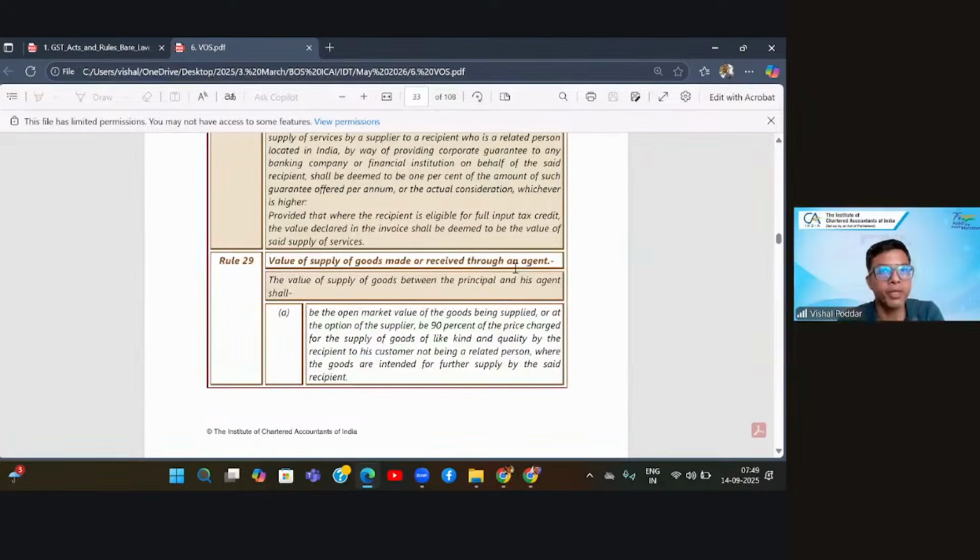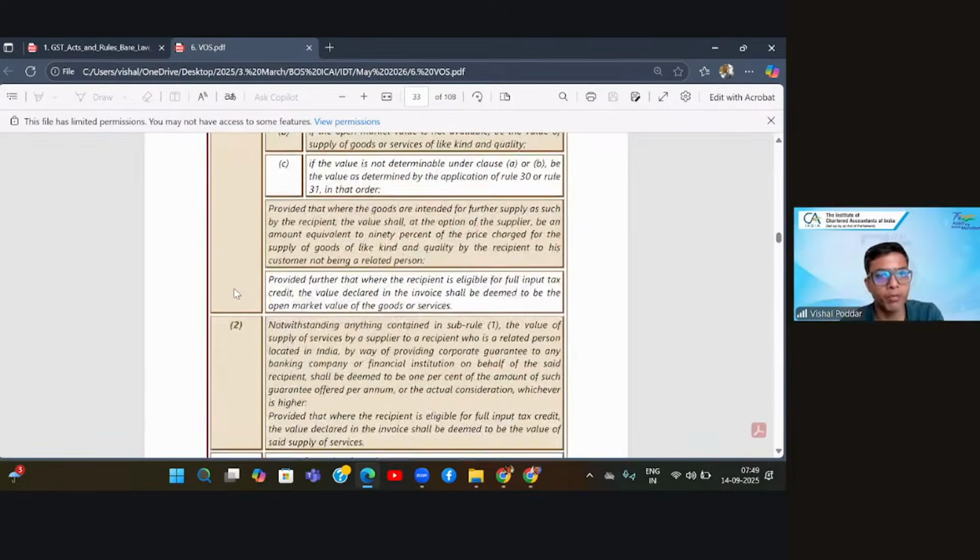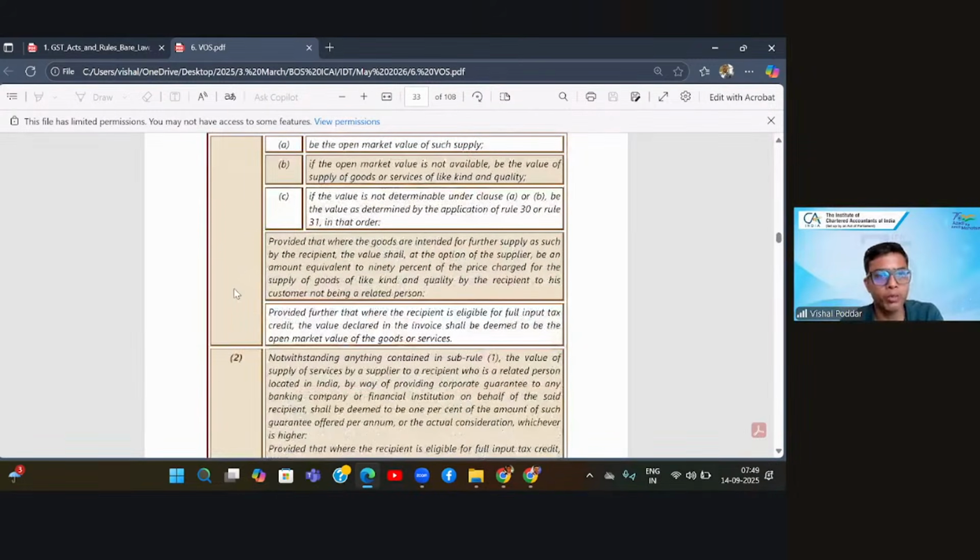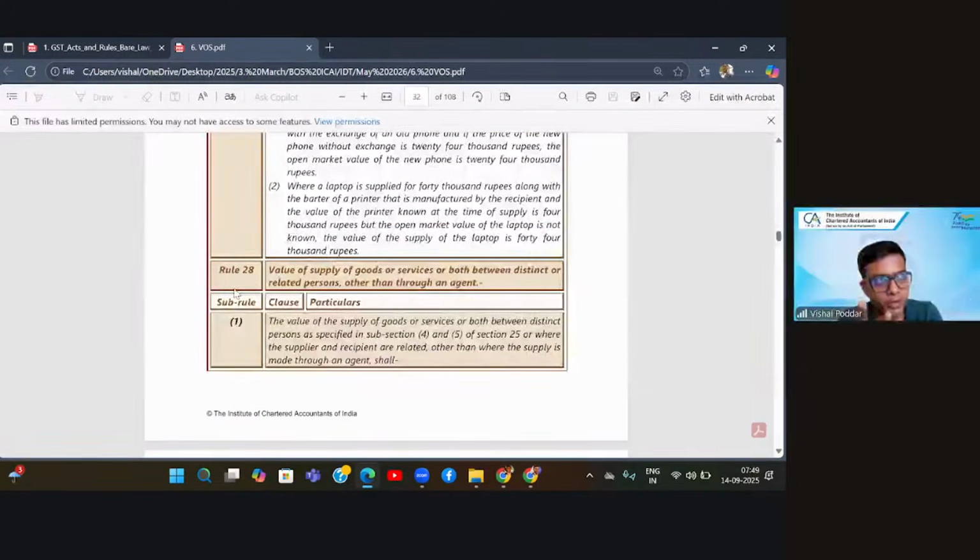So schedule 1. In schedule 1, whatever entries are covered, out of that, the third entry, which is for agent scenario, for that you have specific rule 29. For the other two entries, that is entry 2 and entry 4, which requires transaction between related parties or distinct persons, that is specifically covered in rule 28. What is that first transaction?